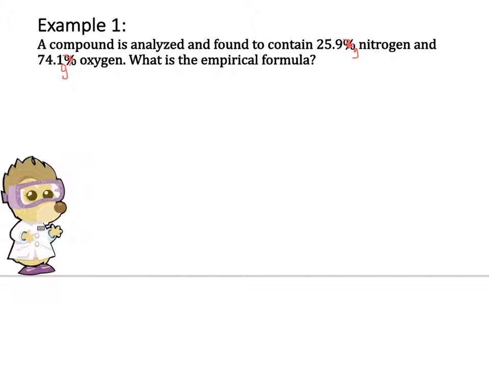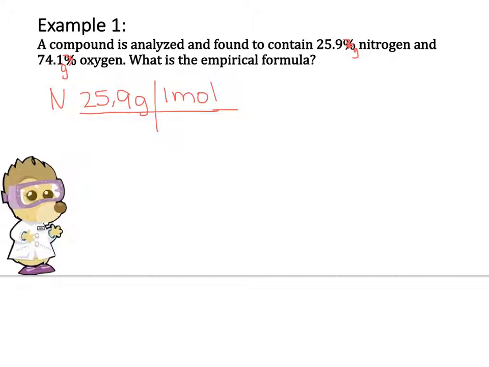Step 2 says we're going to convert grams to moles. Remember when we did that, we used the conversion factors. Our first step is to identify the mass. So we have 25.9 grams for nitrogen. And then we're going to have the conversion factor, 1 mole over the atomic mass of nitrogen.